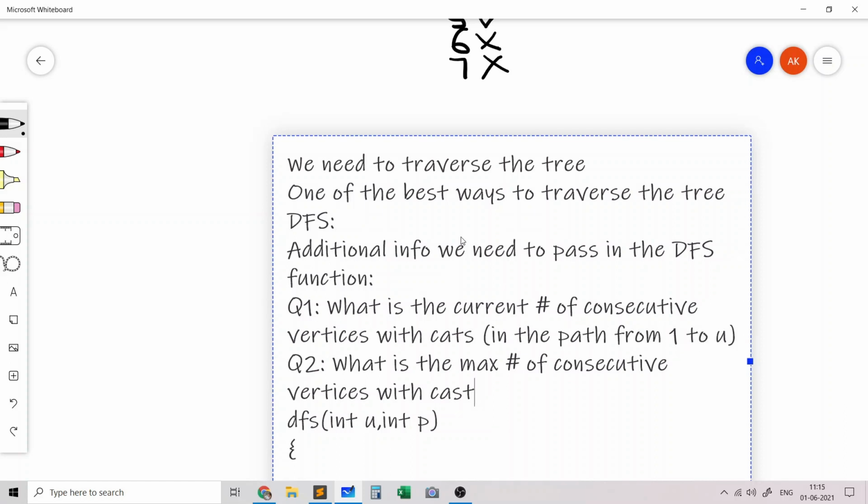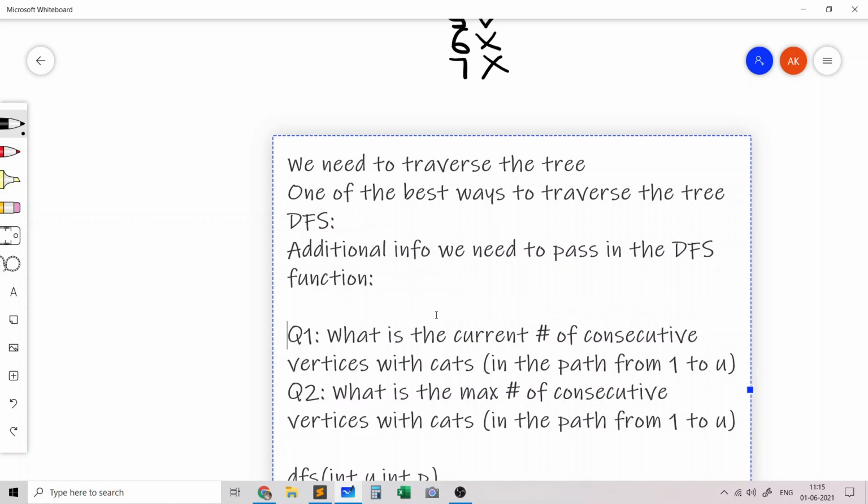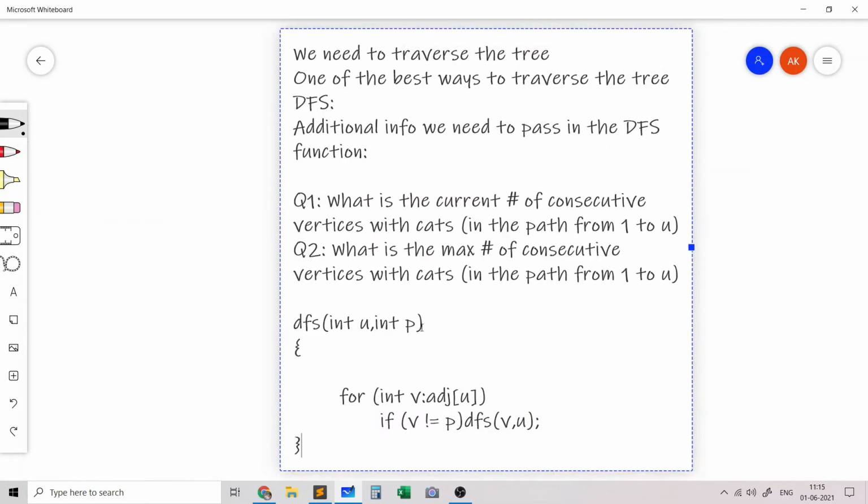So to answer these two questions, we'll maintain two extra variables, which are the current number of consecutive vertices, int num_consecutive, and int max_consecutive, which shows the max number of consecutive vertices with cats in the path from 1 to u. And in the DFS, we'll pass the same two parameters.